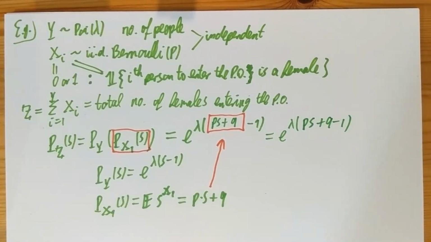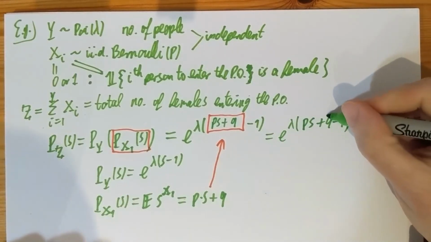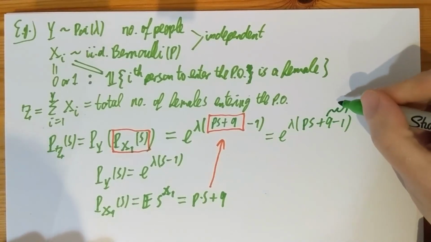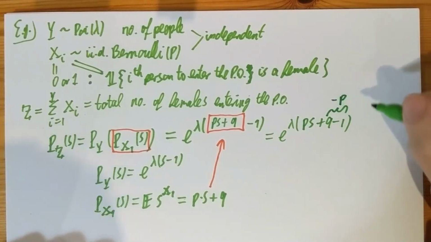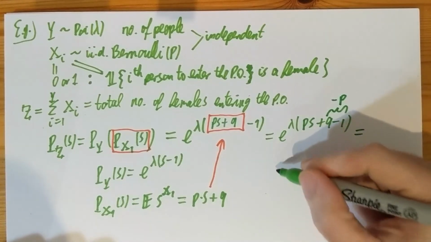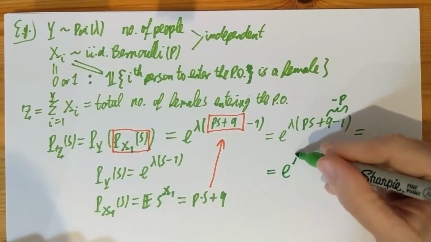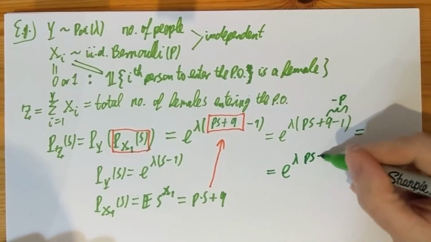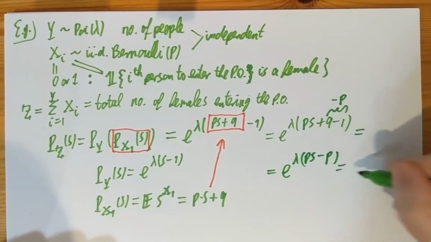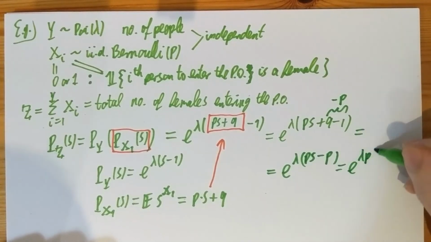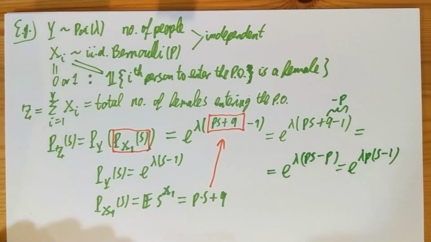Now q is of course 1 minus p, as always so far. So q is 1 minus p, and 1 minus q is p, and q minus 1 is negative p. So in fact, what I have here is exponential of lambda ps minus p, or exponential of lambda p times s minus 1.